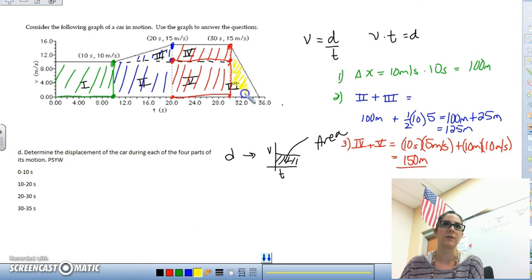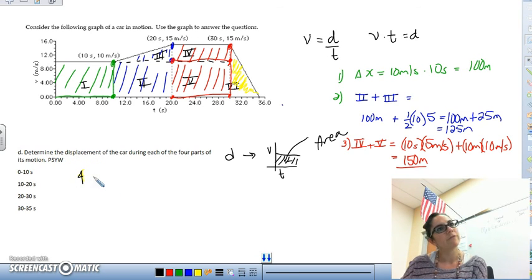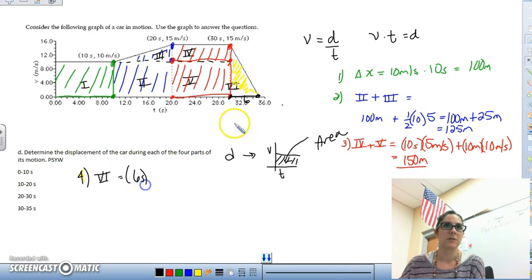Ooh, I don't know if you can see the yellow. Yellow's not going to work at all, right? There we go. 6 is going to be a triangle, so I have 30 to 36. From here to here is 6 seconds.